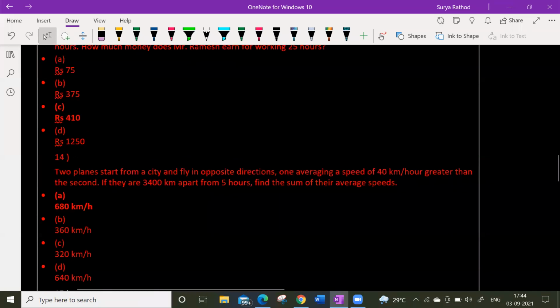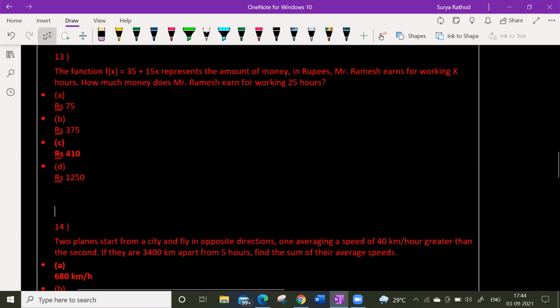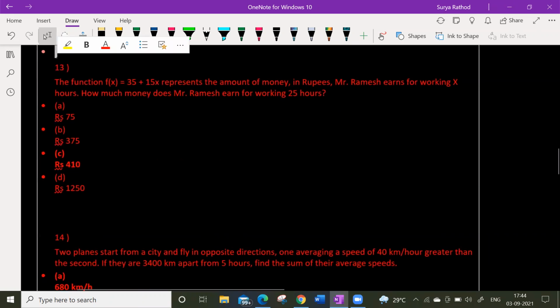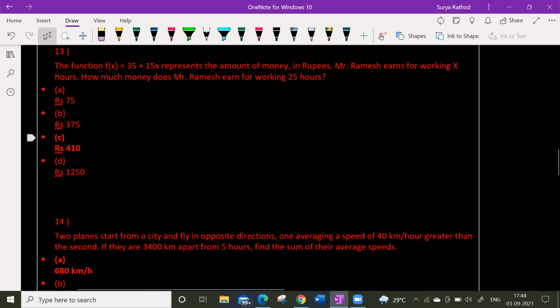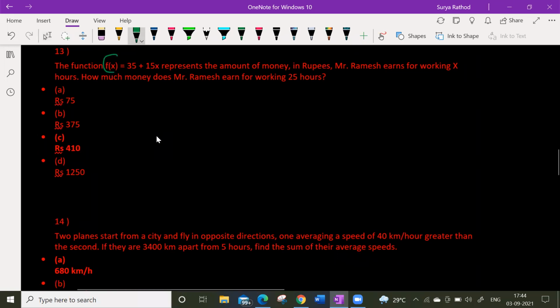Next question. Solve this question. The function f of x is equal to 35 plus 15x represents the amount of money in rupees Mr. Ramesh earns for working x hours.